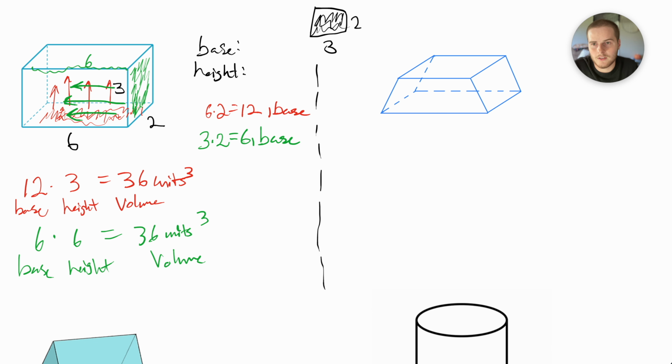So let's say we have a trapezoidal prism. We have a trapezoid in 3D, which makes a prism, a trapezoidal prism, with the following dimensions. Let's say this bottom here is 5. This top is 4. And then we're going to have, let's see, a height here of maybe 2.